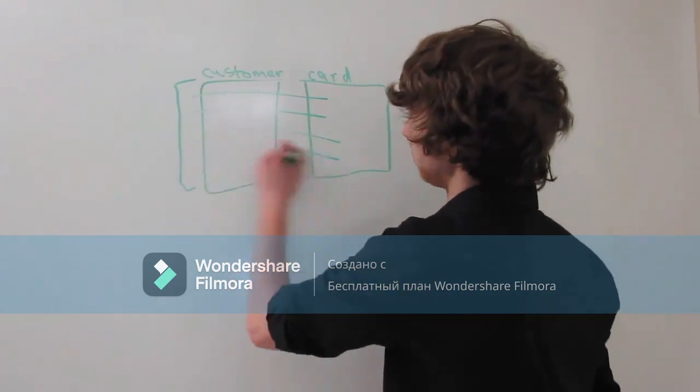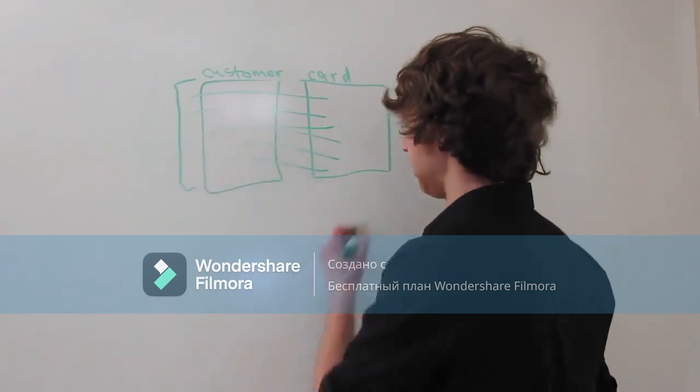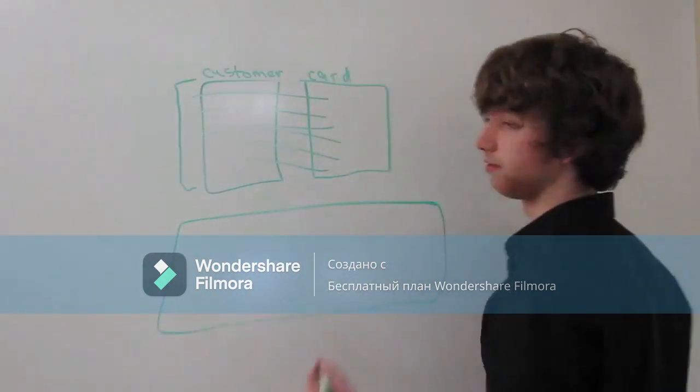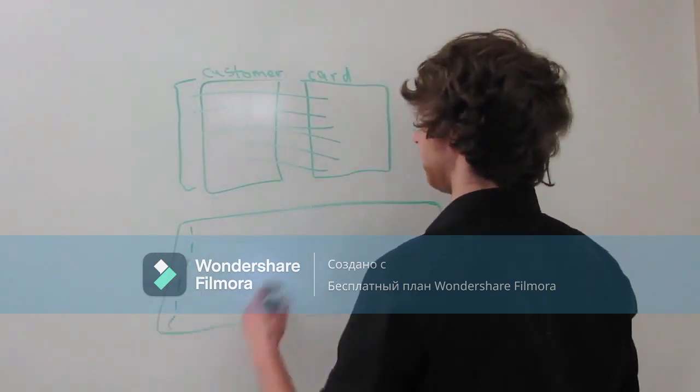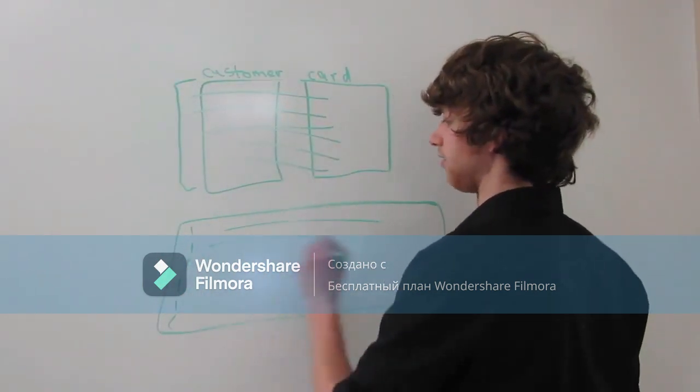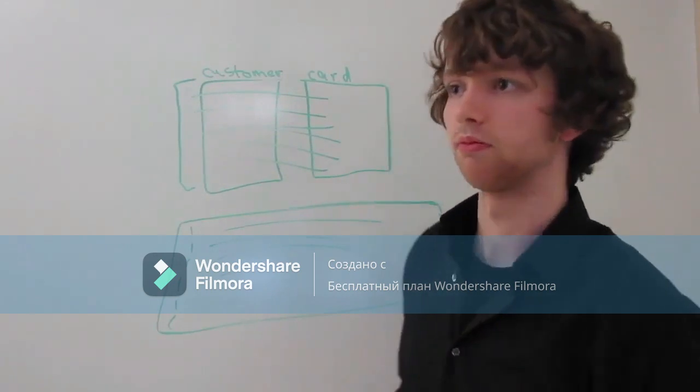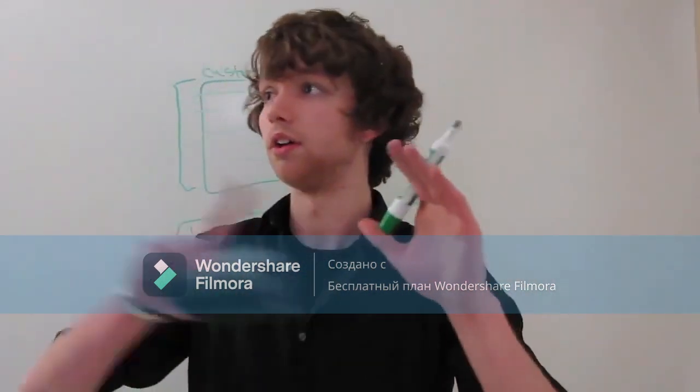So we'd basically connect the dots. And then we would get a join view, which is going to list all of the customers, but only the cards that have a customer. So it's just going to be like customer, list a card they have. And if they have another card, it's going to list that customer again, list the card they have. And we discussed that in depth in the last video.